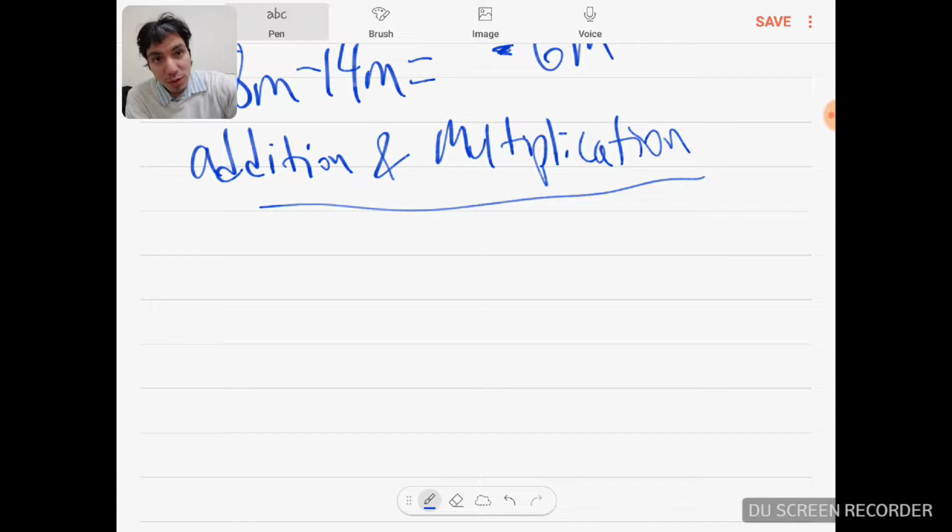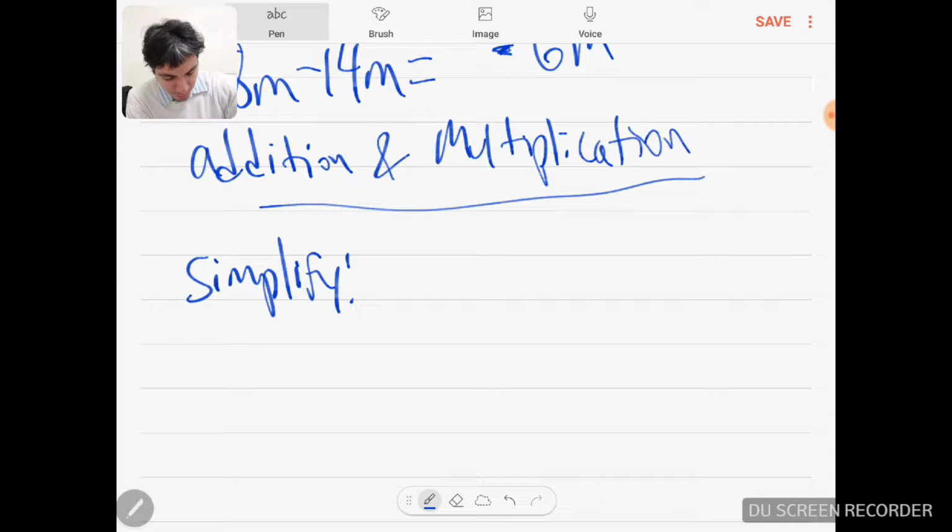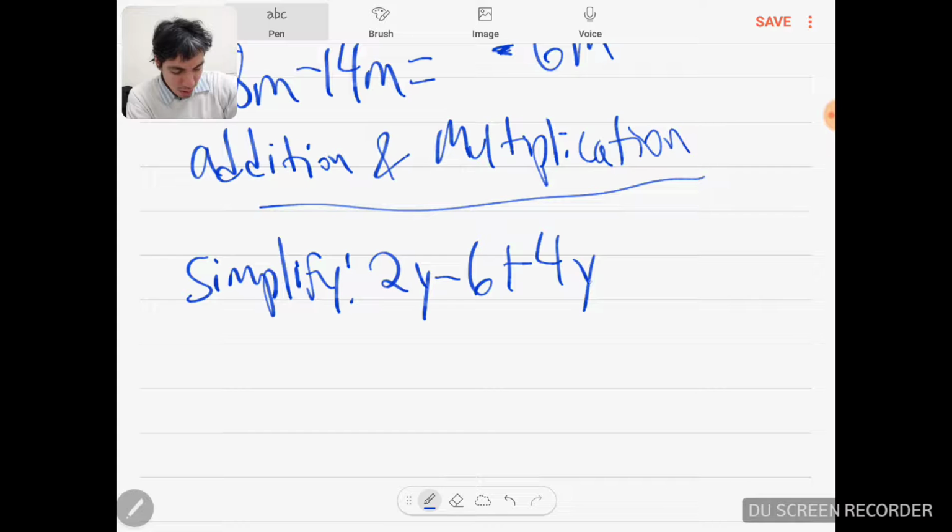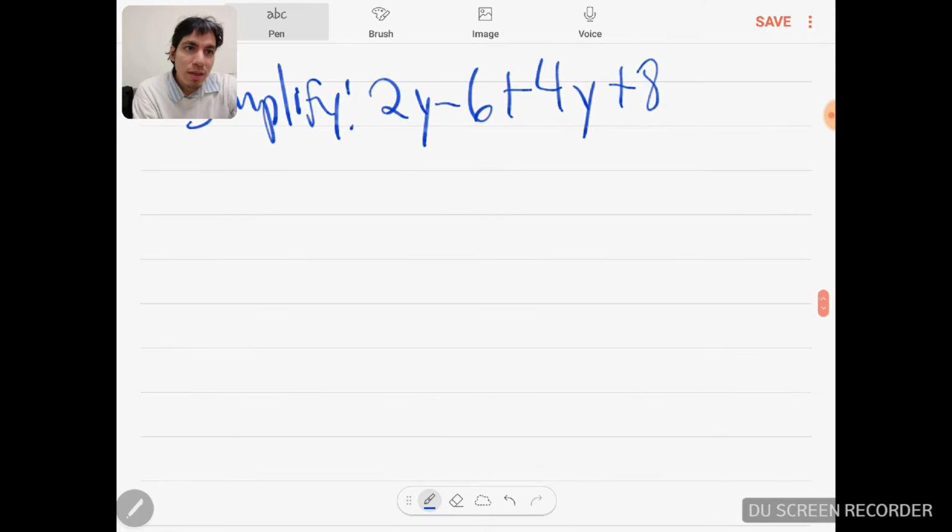So, for example, if I were to ask you to simplify 2y minus 6 plus 4y plus 8, when you see something like this, you're kind of like, how do I really do this problem? This looks like a pretty big mess. So remember, you're allowed to use the law of commutativity, meaning I get to reorder this however I like.